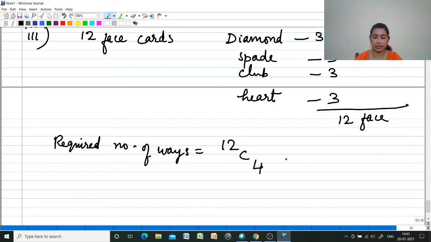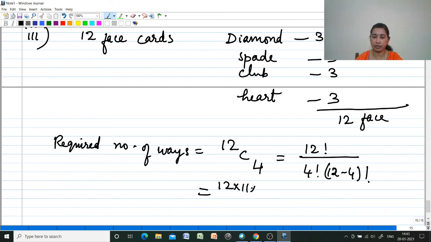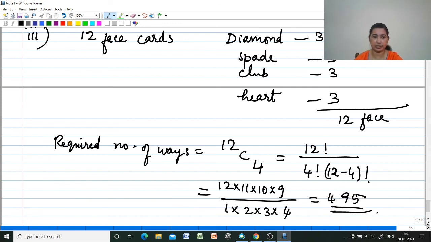That can be done in 12C4 different ways, that is 12 factorial by 4 factorial into 12 minus 4 factorial, which we can simplify, or it is the same as 12 into 11 into 10 into 9 divided by 1 into 2 into 3 into 4. Cancelling, we will get it as 495 different ways.